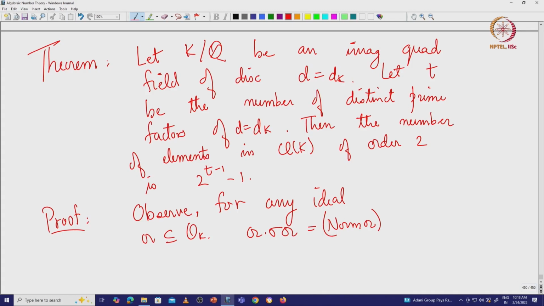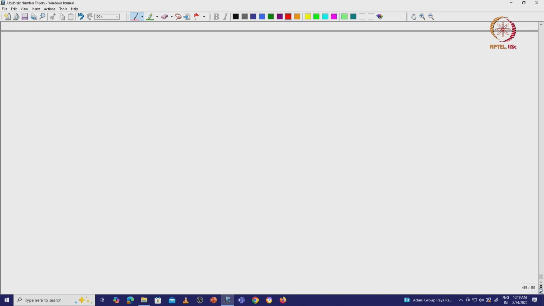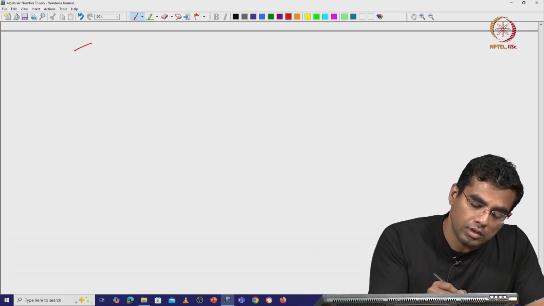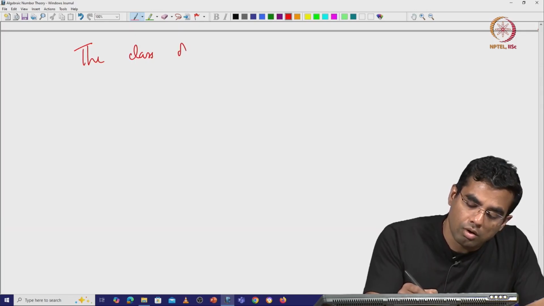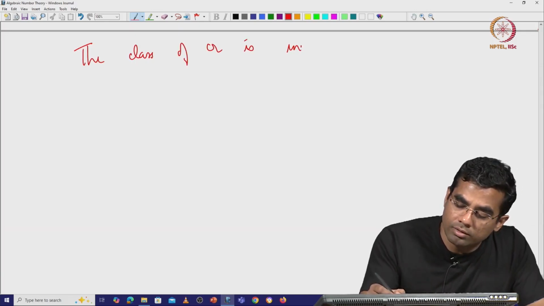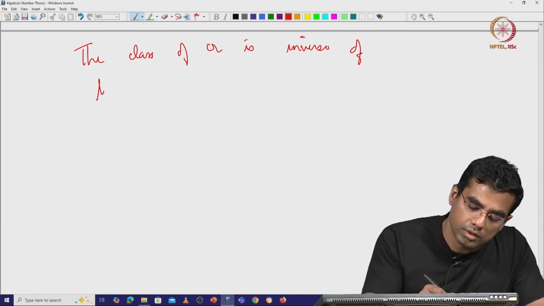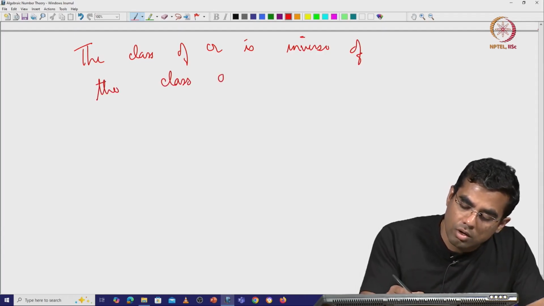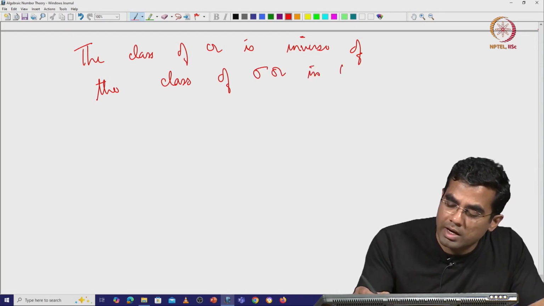Unless there is some ambiguity, I will not write down K over Q. So, you see that A times sigma A is a principal ideal, which means that the class of A is the inverse of the class of sigma A inside the ideal class group.